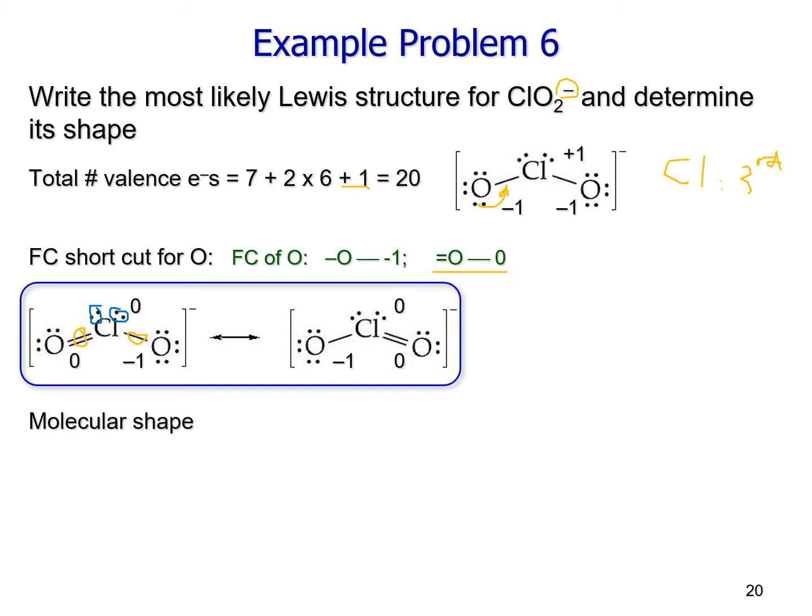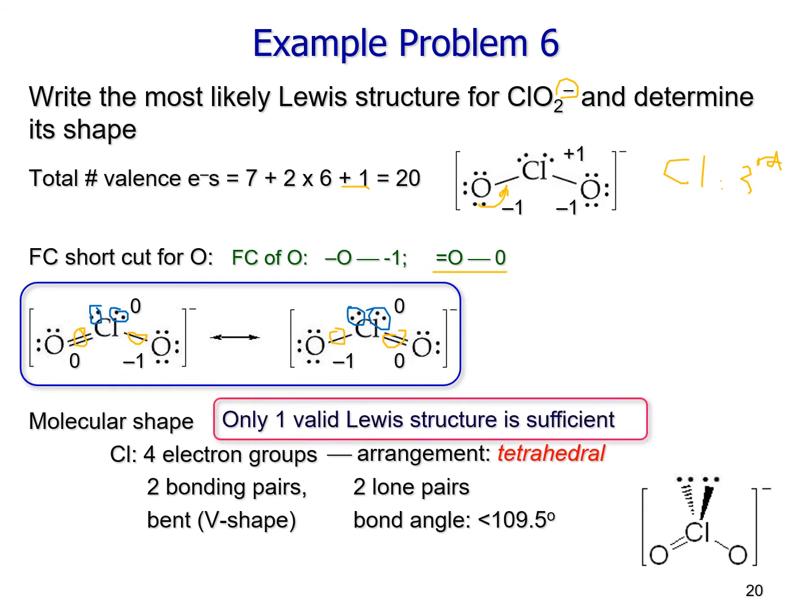This one is going to be the same as well: 2 lone pairs and 2 bonding pairs. So from these 2 most likely or equally likely structures, we realize there are 4 electron groups, and the arrangement would be tetrahedral. The shape of the molecule should be bent.